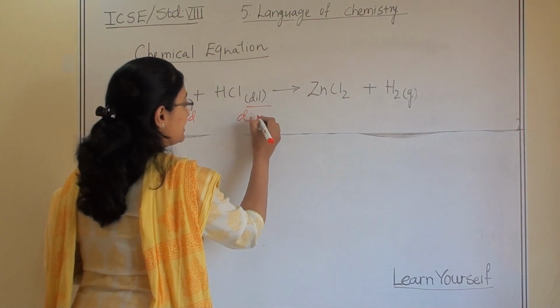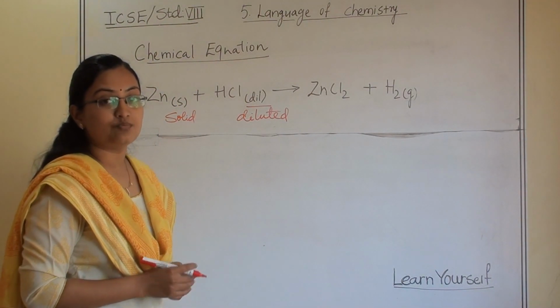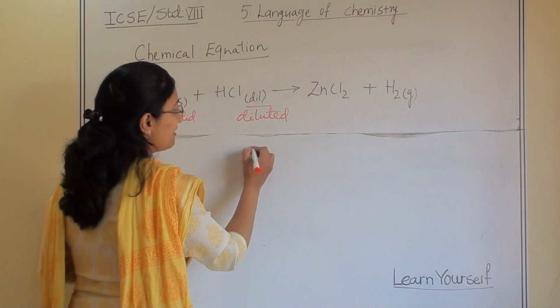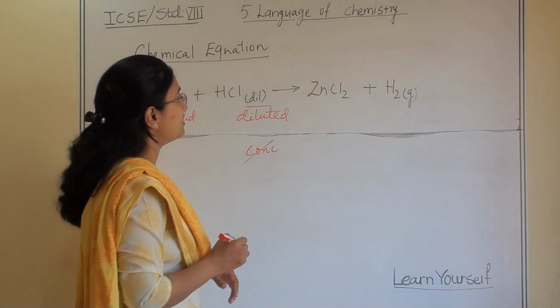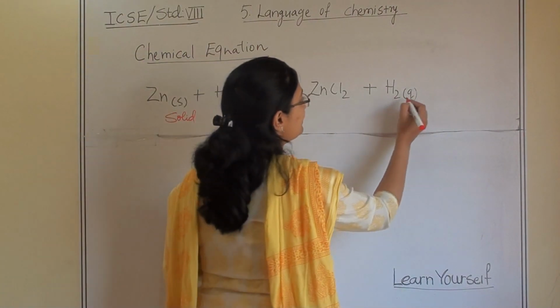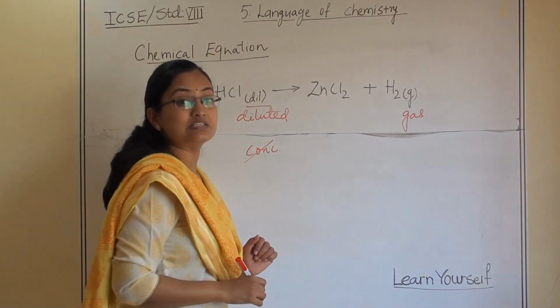DIL suggests that this is diluted hydrochloric acid. That means it is not concentrated. If it is concentrated, then it would have been mentioned as conc, but it is not there. ZnCl2 will be in the solution, and this is G. G means gas.